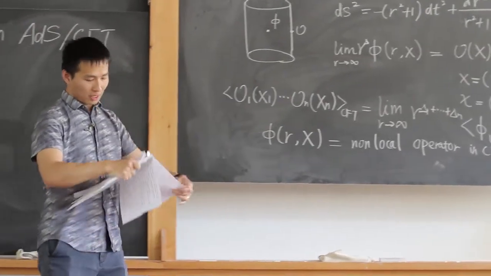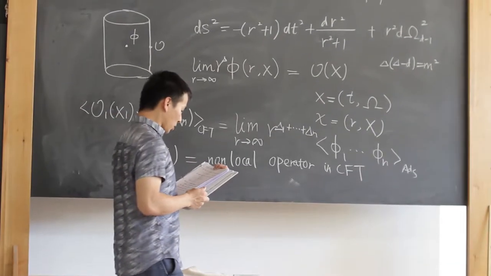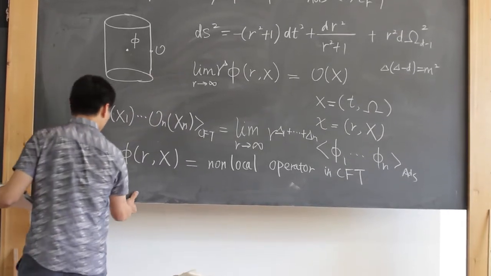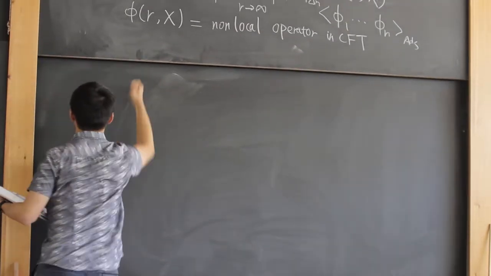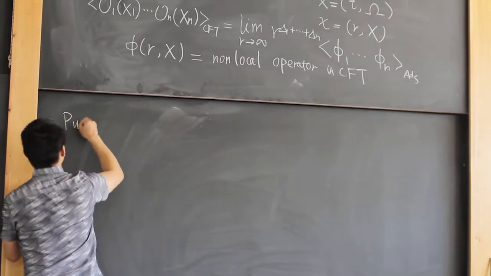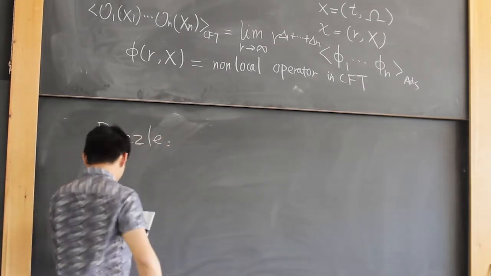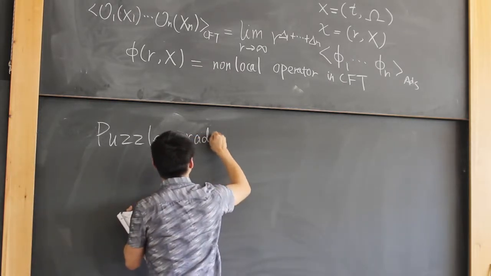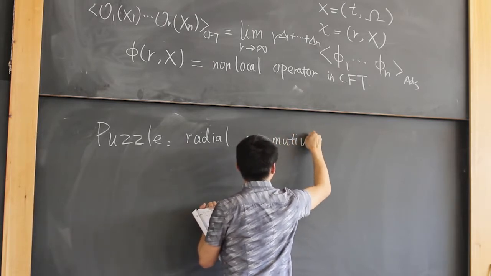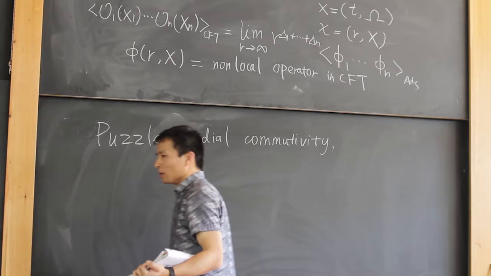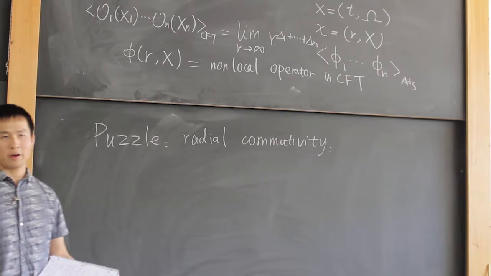So first, if we try to think about this operator in the CFT, we will run into a puzzle. I'll call this puzzle the radial commutativity puzzle. The statement is, let's consider first a normal quantum field theory without gravity.